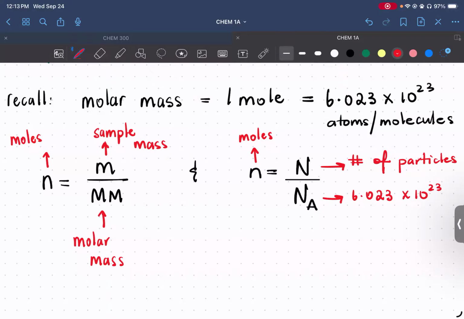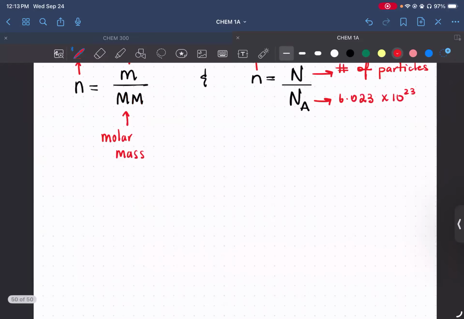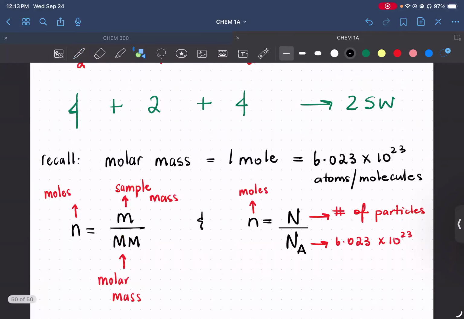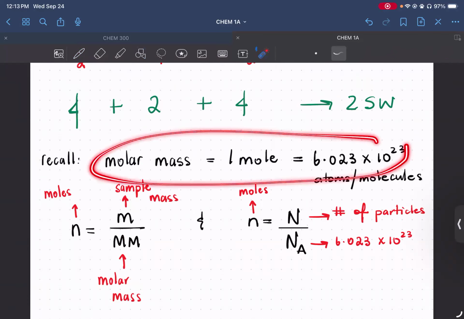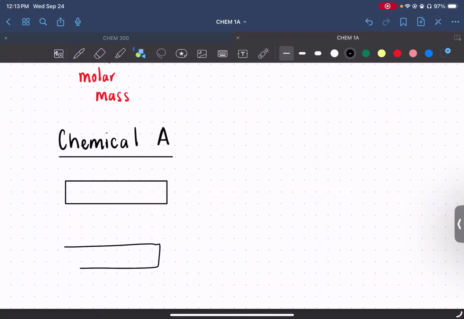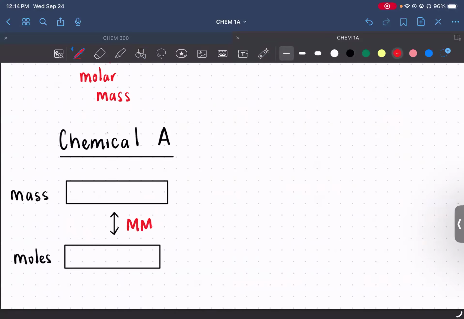Based on this, if we assume, for example, we have chemical A, generic chemical A, using the equations and expressions we just saw up here, we can quickly relate the mass of chemical A to the moles of chemical A. And the link between these two is the molar mass.